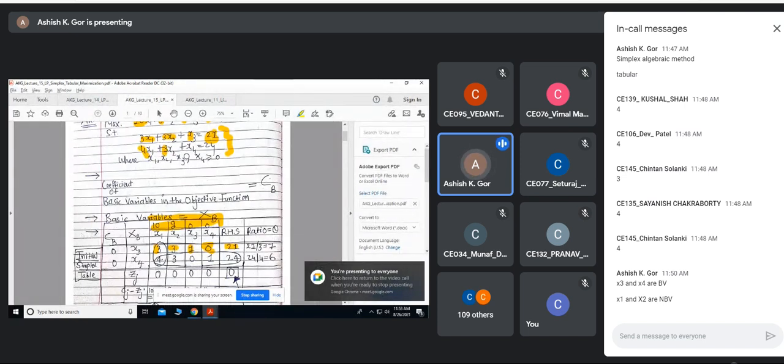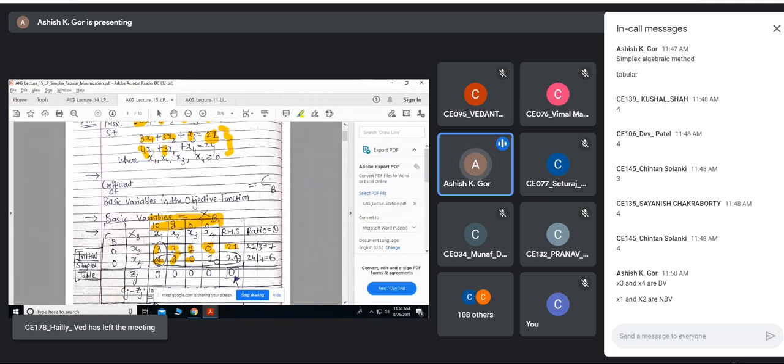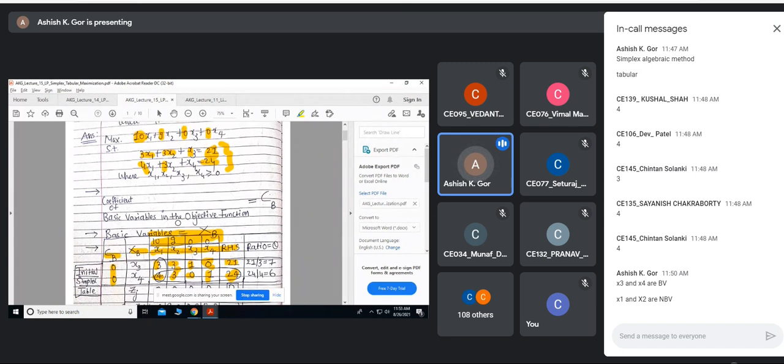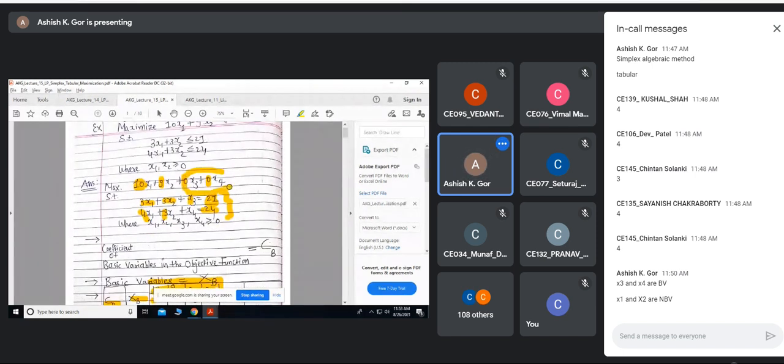Now there is no x3, so 0. 4, 3, x3's coefficient is 0 in the constraint, and x4 is 1. The right-hand side is 24. So x1, x2, x3, x4, right-hand side, basic variable column and coefficient of basic variable column, where x3 and x4 are 0 because these two are 0.